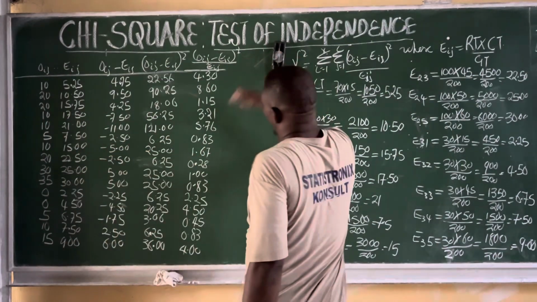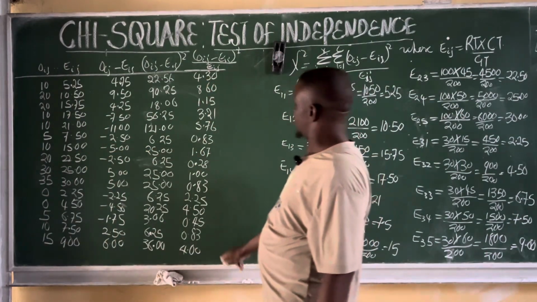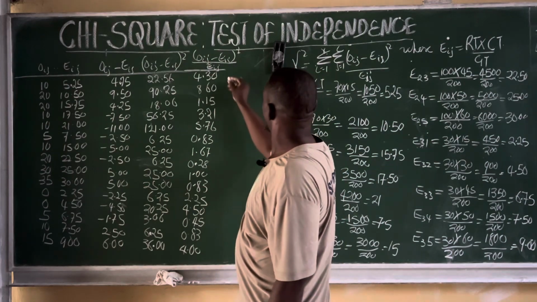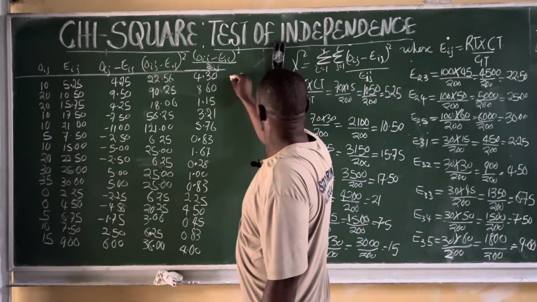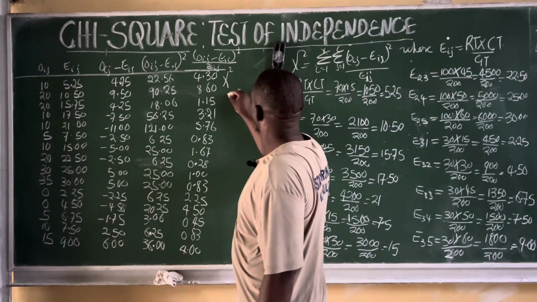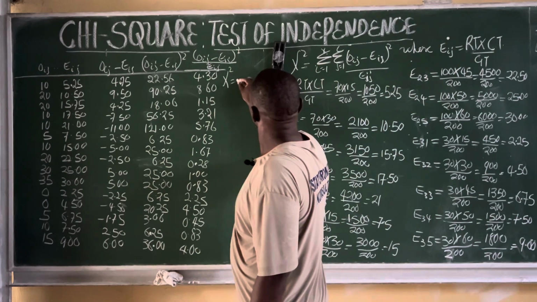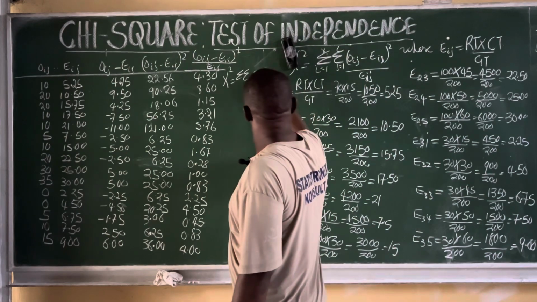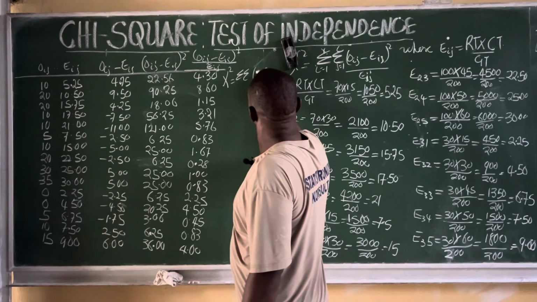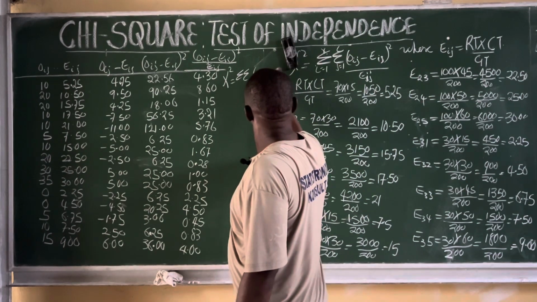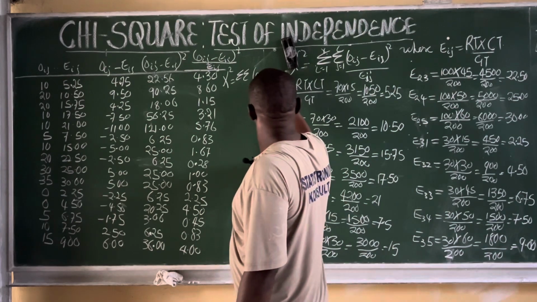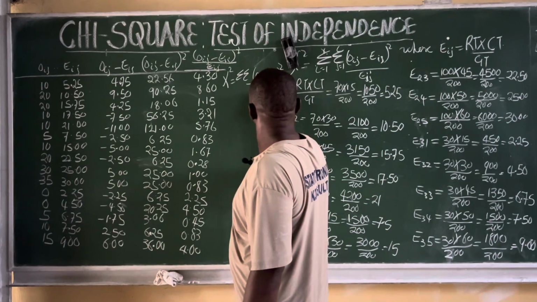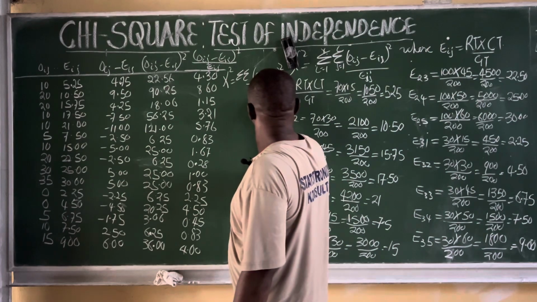such that the summation of these values is going to be our chi-square value, which we say is the double summation of O sub ij minus E sub ij square all over our E sub ij.